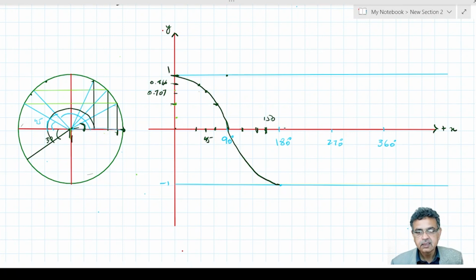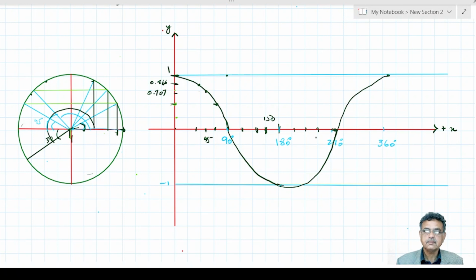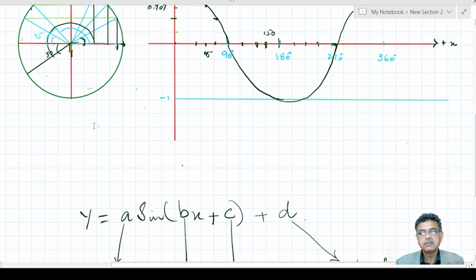So 30 degrees onward from 180, that will be 210, then 225, and then 240, and then 270. For these values, it will continue the same curve like this. This will be 270, and once again it will move this way to 360. So this will be the graph.